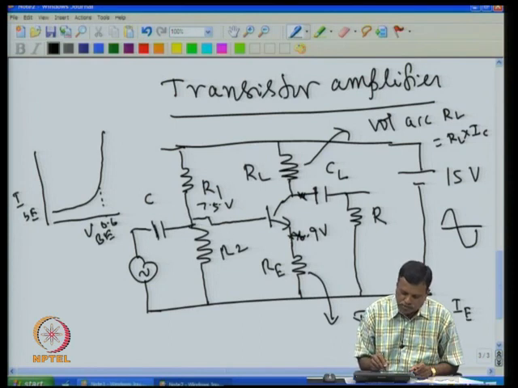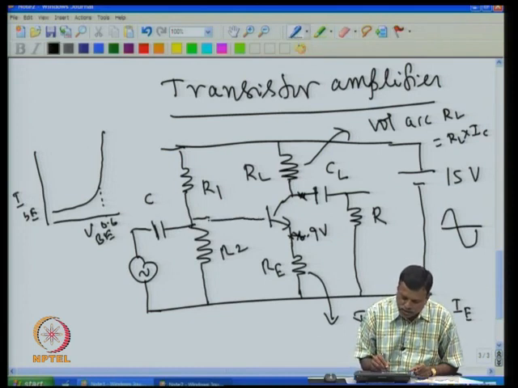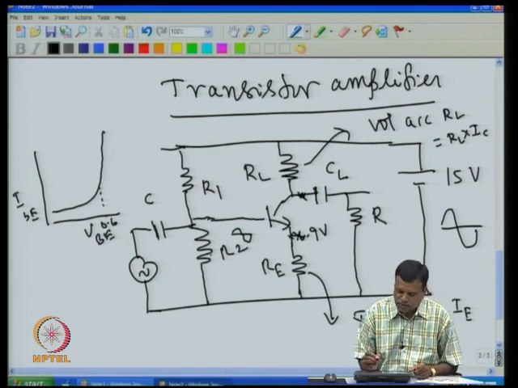Now at this point you will get the DC voltage plus this AC voltage, both added together. So voltage at this point will be this AC plus whatever the DC voltage that is given by this R1 and R2. So this voltage will be amplified and then come at this point.